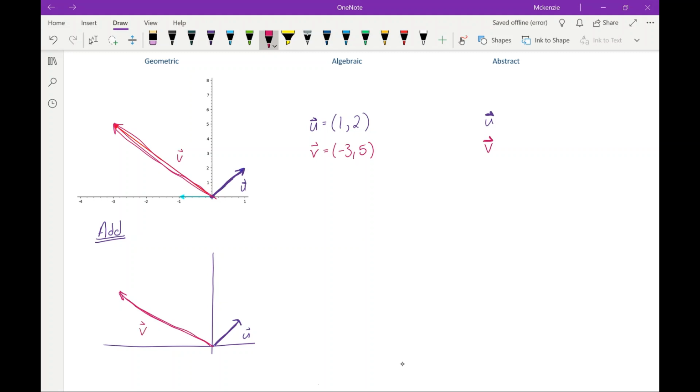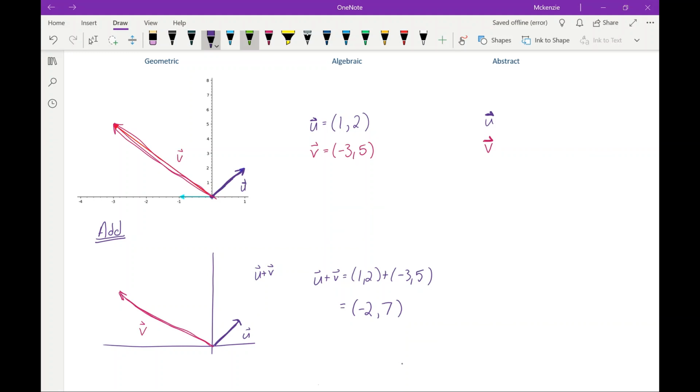We can at least pretend they're the same ones that were already drawn. And what do we do with them? Well, if we want to find u plus v, algebraically, I guess we can do that pretty easily in the way that we expect. 1, 2 plus -3, 5 should be -2, 7.